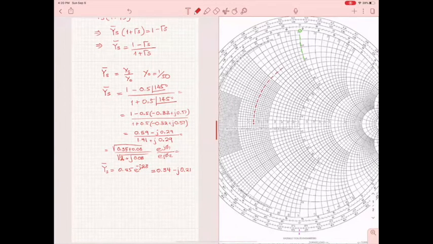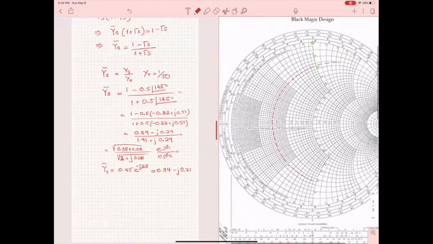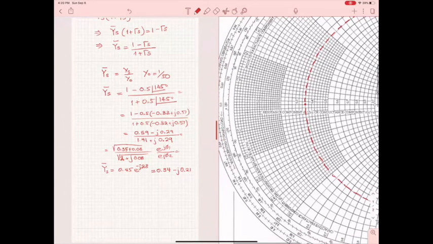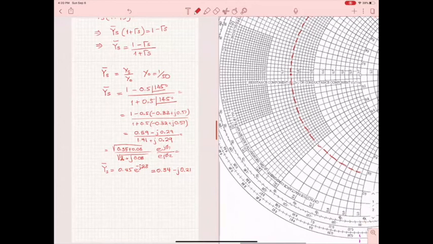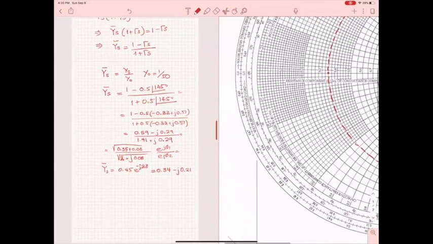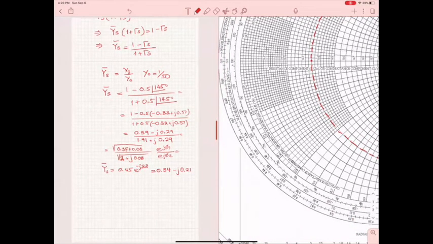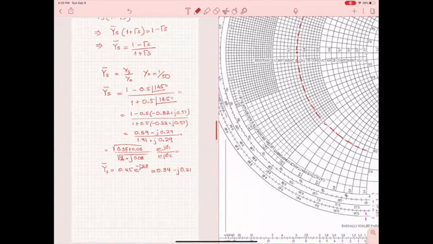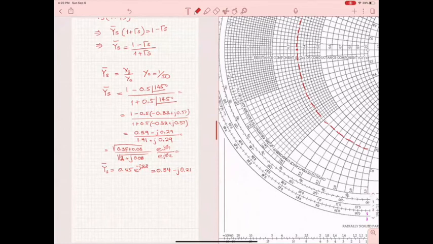And it goes like this. And now minus 0.21 is somewhere here.